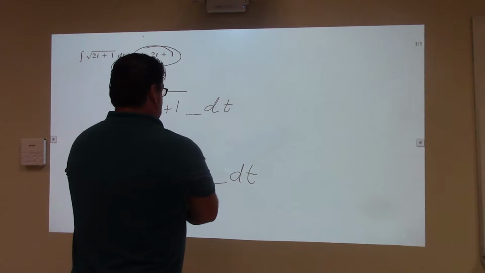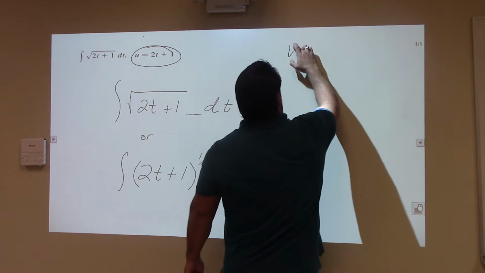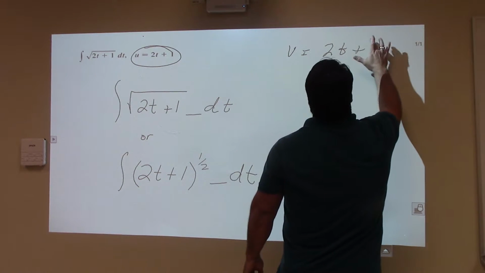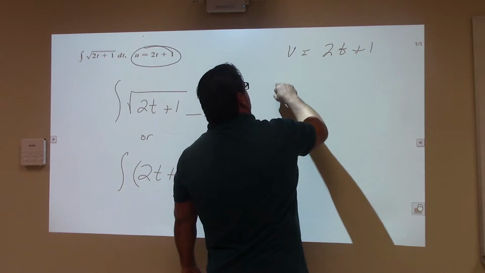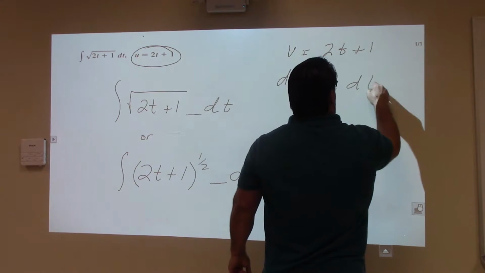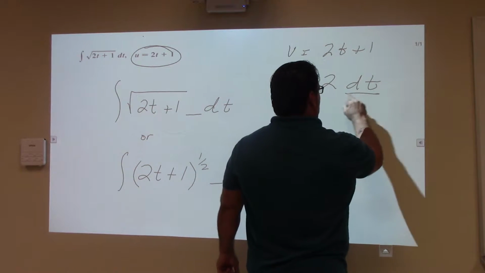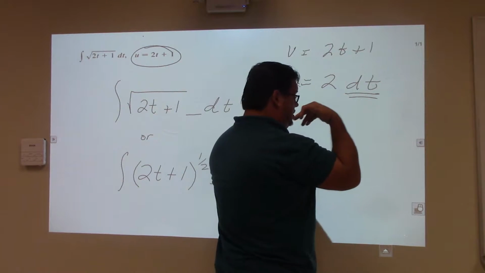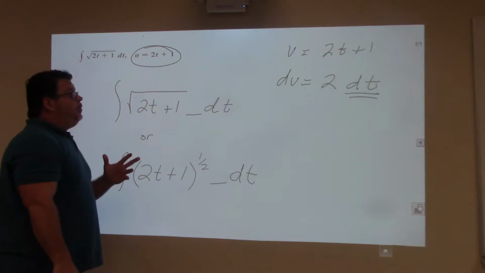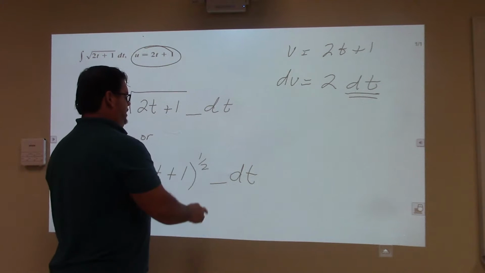All right, so if u is equal to 2t plus 1, then du is equal to what? 2dt. Now this is important for you to put because that will knock the cobwebs loose, like, oh wait a minute, we got dt, we just got to put a what? 2.